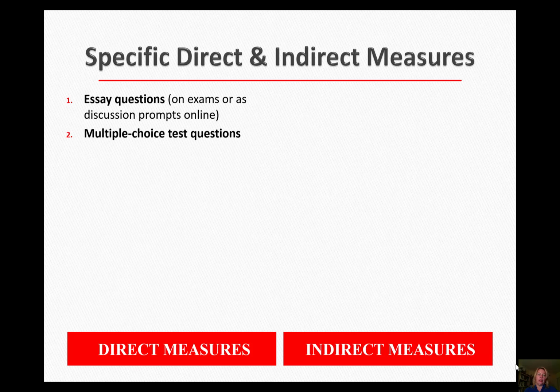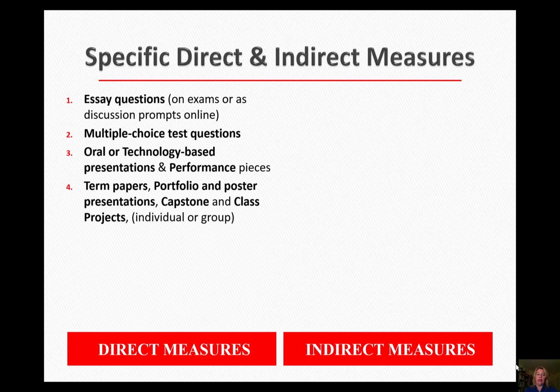Multiple choice test questions are direct measures, especially when they relate back to specific readings or assignments or activities in the class. Oral or technology-based presentations like Prezis or this video presentation here and performance pieces are direct measures, ways in which students prove that they learned what they were supposed to learn and to what degree.